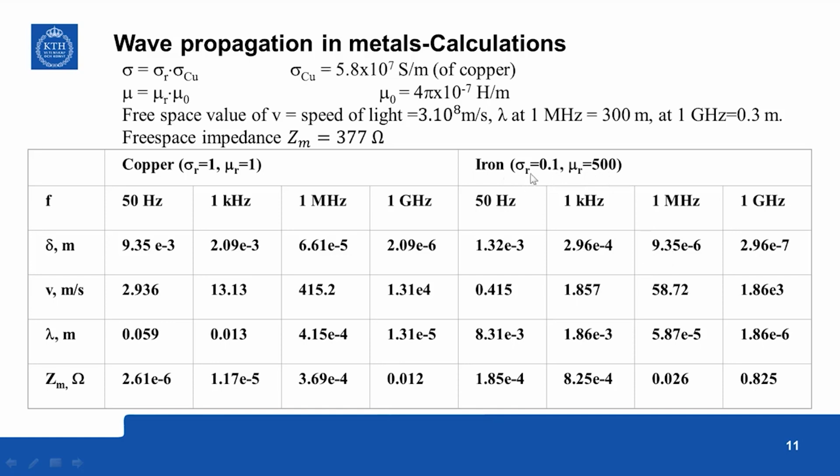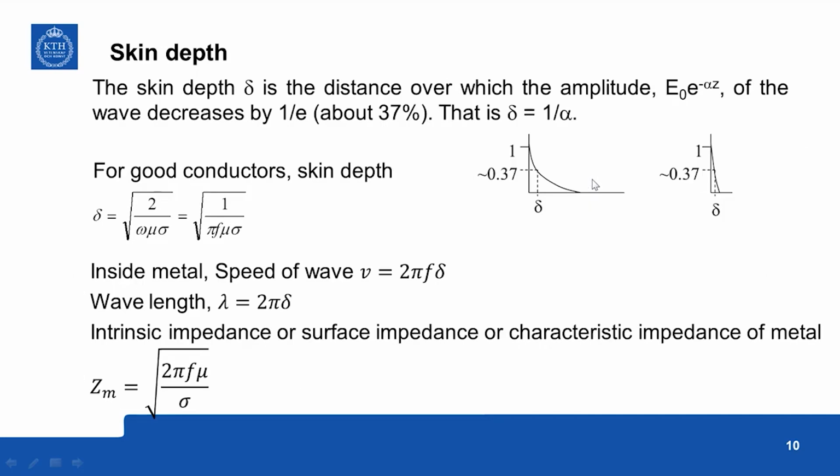Now for iron, with 10% conductivity of copper, but 500 times more permeability, we have calculated the values here. So you can take 1 kilohertz. You can see that skin depth is even smaller in iron. It is more difficult to penetrate, mainly because of this permeability. We can see how it is happening. Skin depth is a property of the product of mu and sigma.